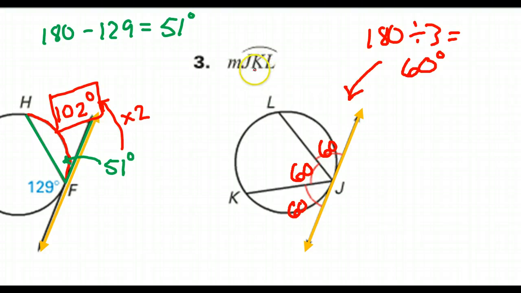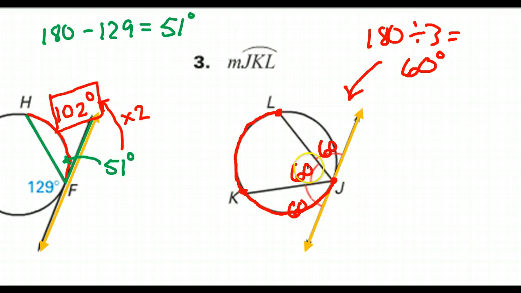Now, what are we being asked to find? Arc JKL. So arc JKL goes like this. Alright, starts here at J, and here's arc JKL. It starts at J, goes through K, and goes around to L. Okay, I've shown here in red arc JKL.